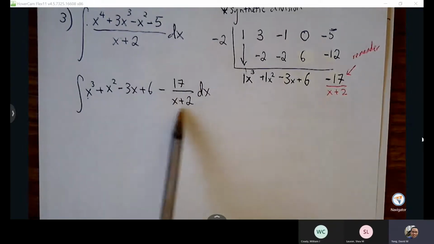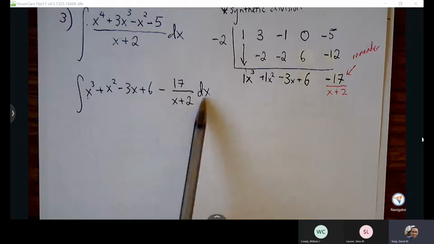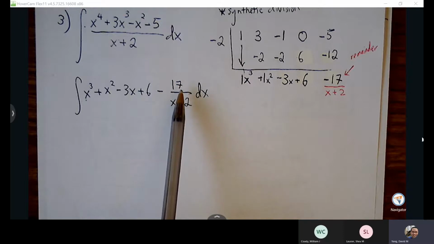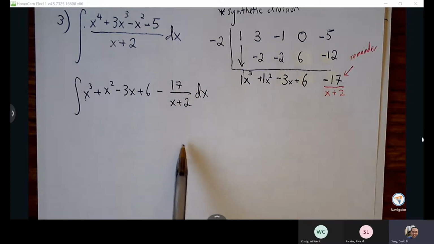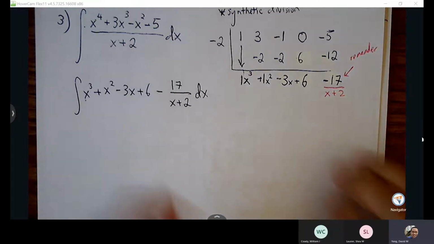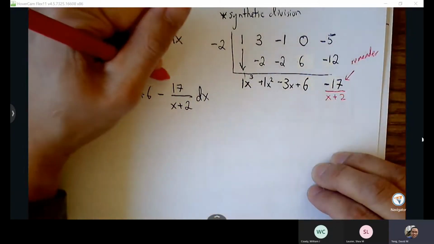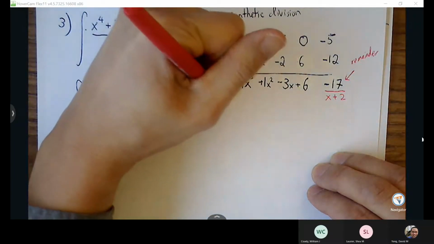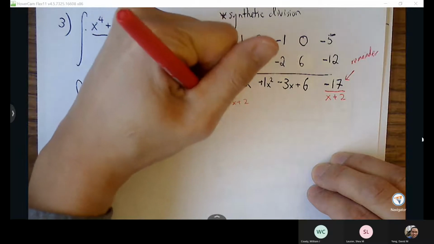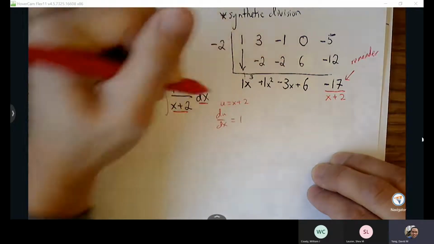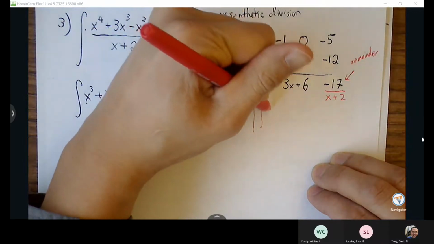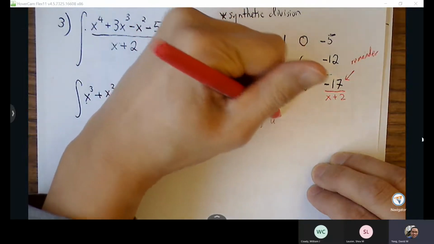So u substitution, the u value's in the denominator. This is going to be a pretty straightforward natural log problem. So if you feel like you can jump directly from here to the natural log antiderivative, you can do that. Or you can go through u substitution, which I can show the steps there as well. So you kind of treat this like its own separate problem. All right, du dx equals 1. 17 over u times du.